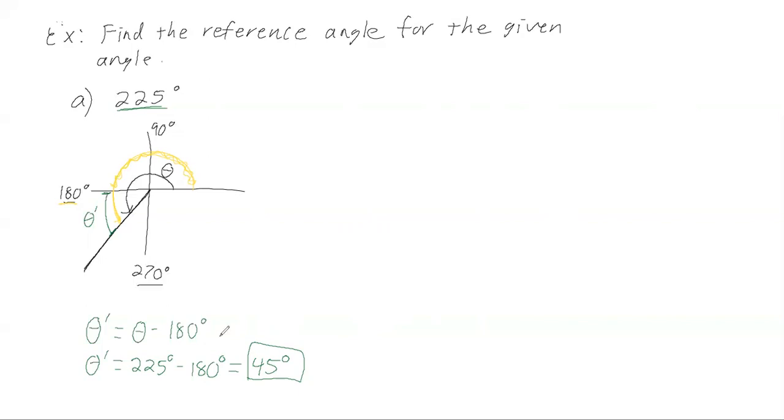Or B. How about I'm given 3 pi over 4. Let's draw a picture, see what that looks like so we can find a reference angle here. Remember, this is pi over 2 radians, this is pi radians, this is 3 pi over 2 radians, and if I go all the way around, that's 2 pi radians, right?